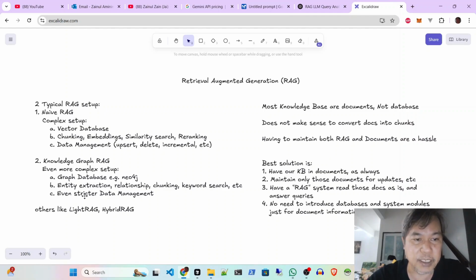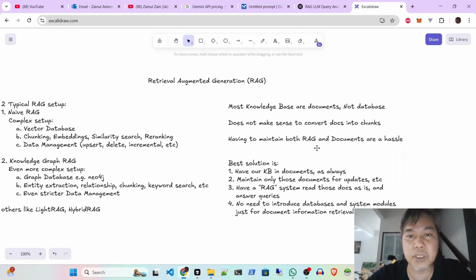It's even stricter data management too: with naive RAG it is still possible to do incremental updates to the database, but with graph RAG you have to delete and upsert again, right? Other solutions like LightRAG or hybrid RAG are pretty much similar, so you still have to employ this complex setup for your RAG.